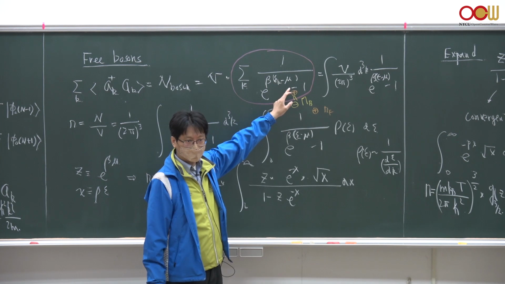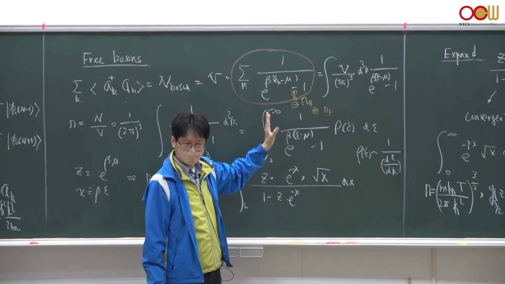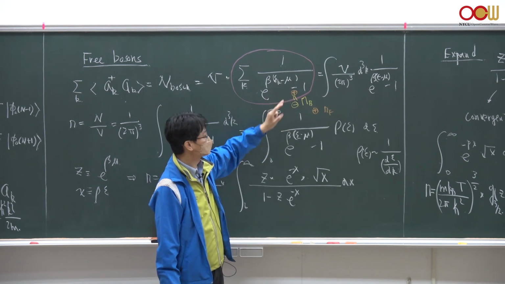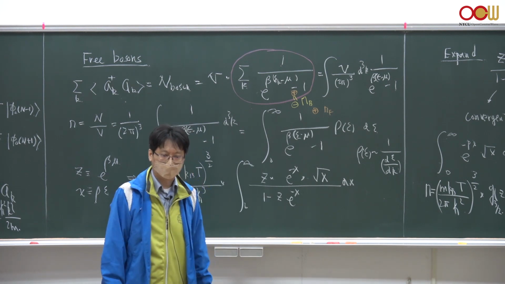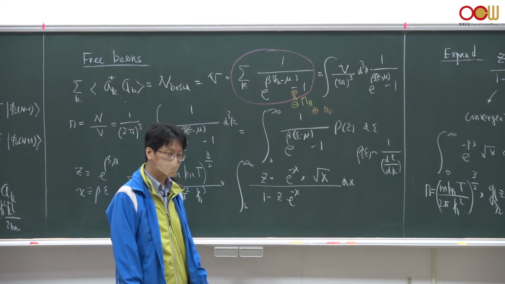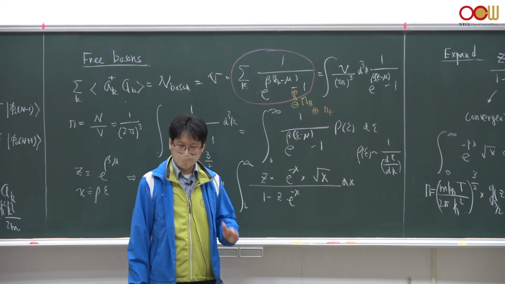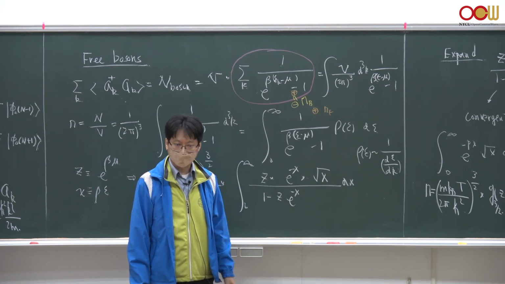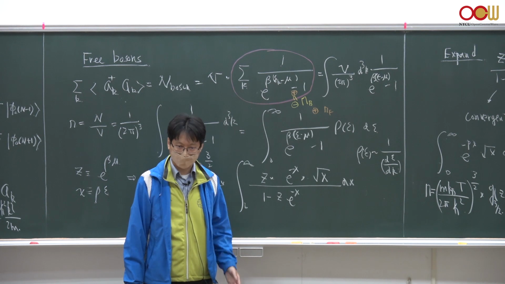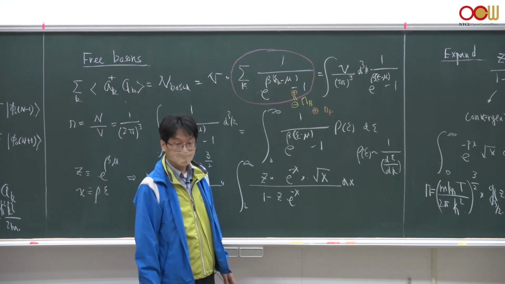This plus-minus sign plays a crucial role here, because for the plus sign you get the Fermi-Dirac distribution, where below the Fermi energy you get full occupation, and above the Fermi energy you get empty states.